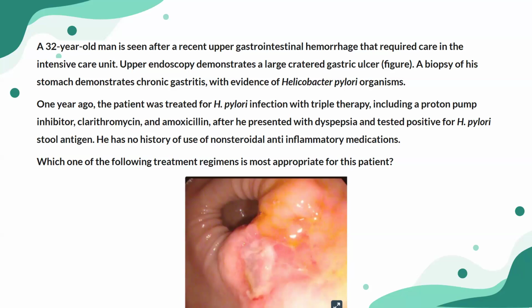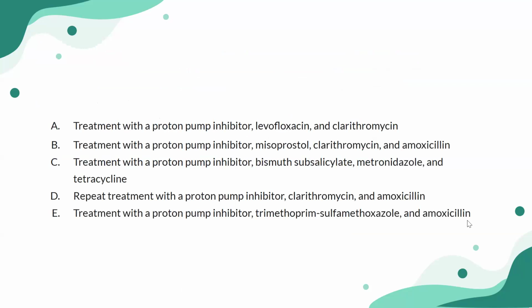Now, before we even move on to the next slide, I feel like you probably already have an idea of what the best possible treatment option would be. He was already treated a year ago for H. pylori with triple therapy. I think it only makes sense for us to step it up to quadruple therapy. Yes, perfect. So we have a PPI, metronidazole, tetracycline, and bismuth, right?